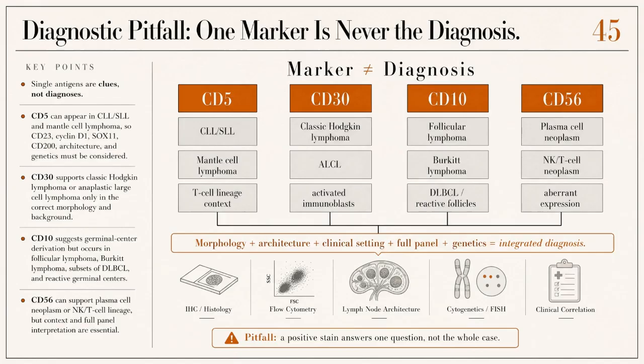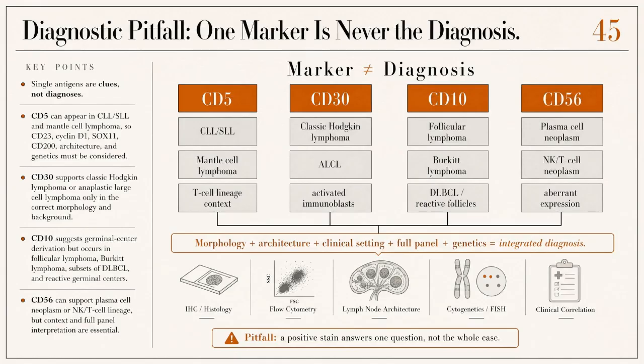For example, CD5 expression is classically associated with chronic lymphocytic leukemia/small lymphocytic lymphoma (CLL/SLL) and mantle cell lymphoma (MCL), yet it is also found in certain T-cell neoplasms. Without correlating these findings with lymph node or bone marrow morphology, clinical presentation, and additional markers, a diagnosis based solely on CD5 positivity risks misclassification.